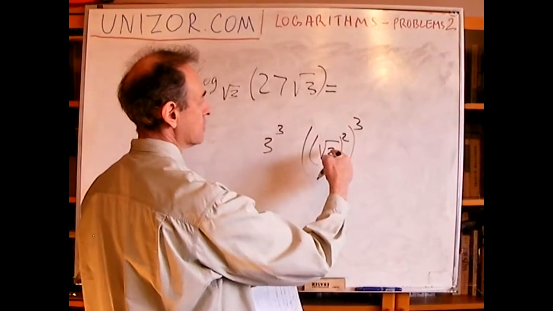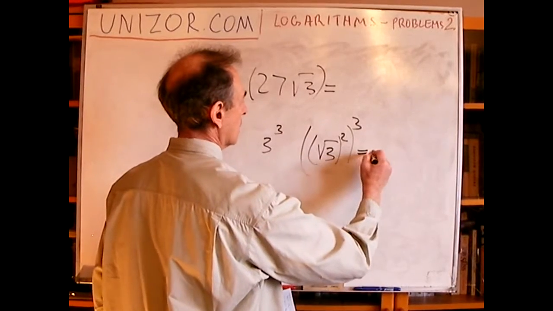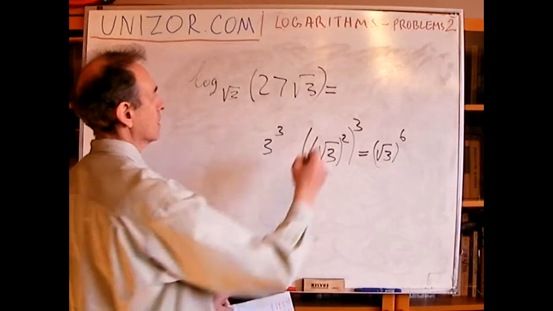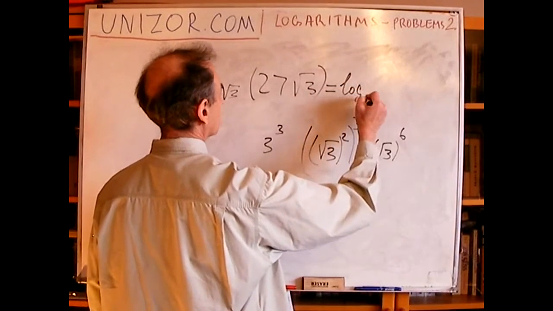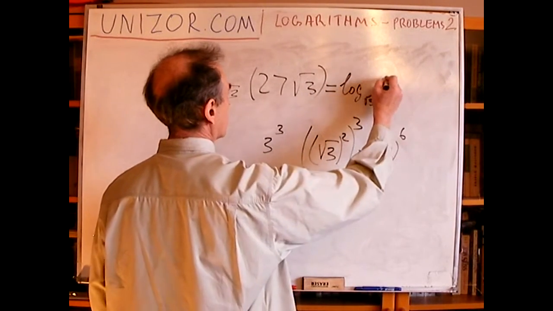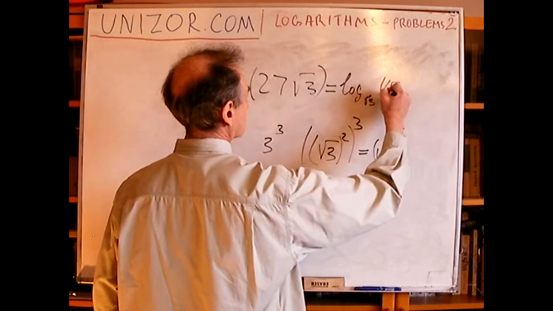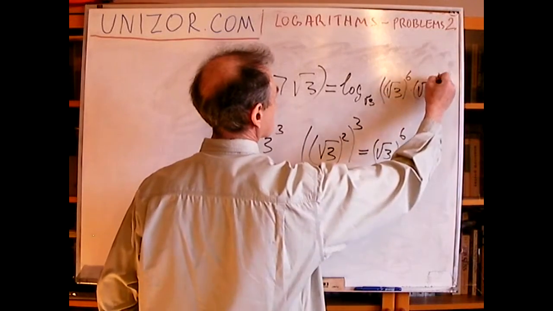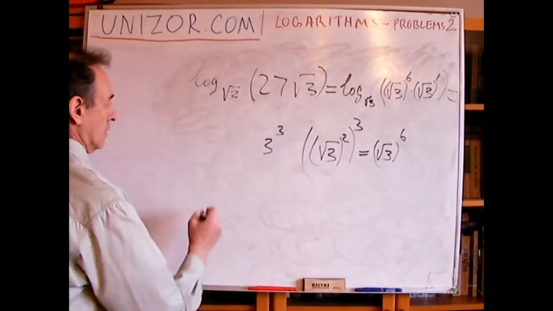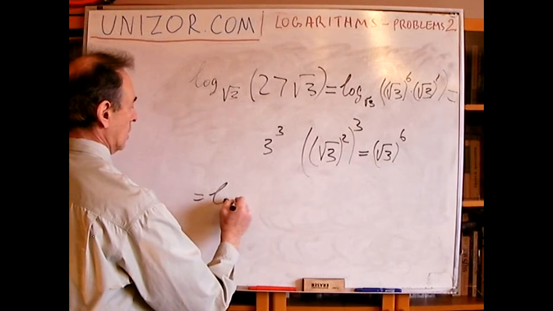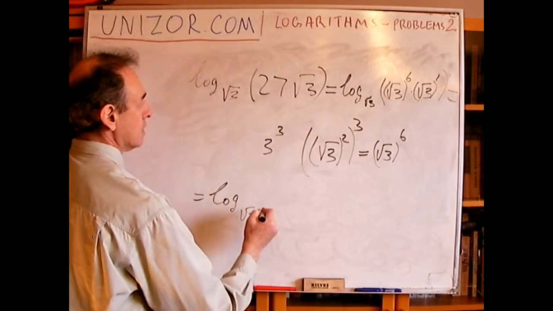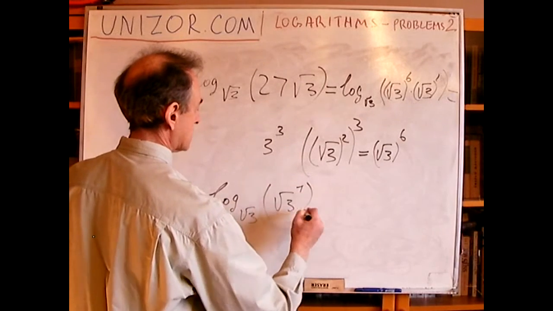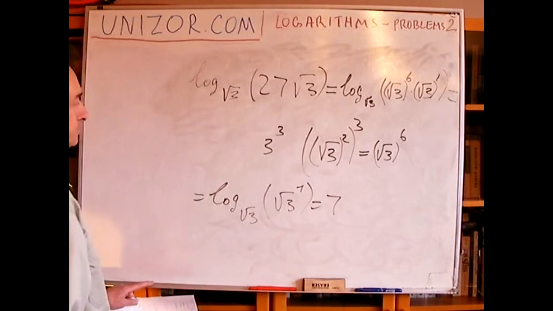Now, this expression means you have to multiply the powers. So it's square root of 3 to the power of 6. So here we have log square root of 3 of square root of 3 to the 6 and square root of 3 to the 1, which is equal to log square root of 3 of square root of 3 to the power 7. So that's equal to 7, right?